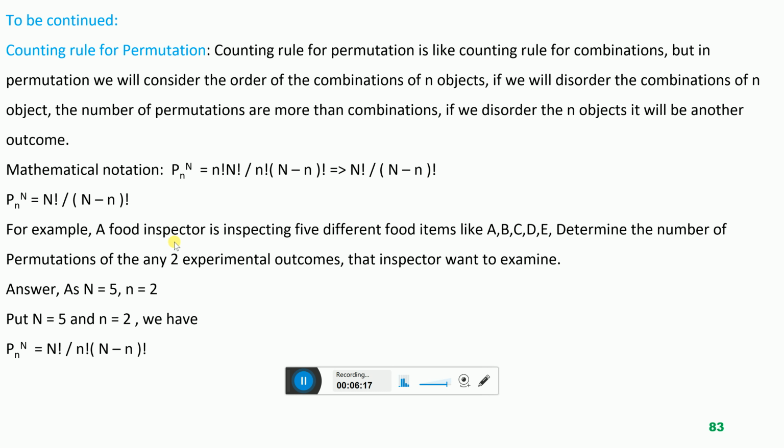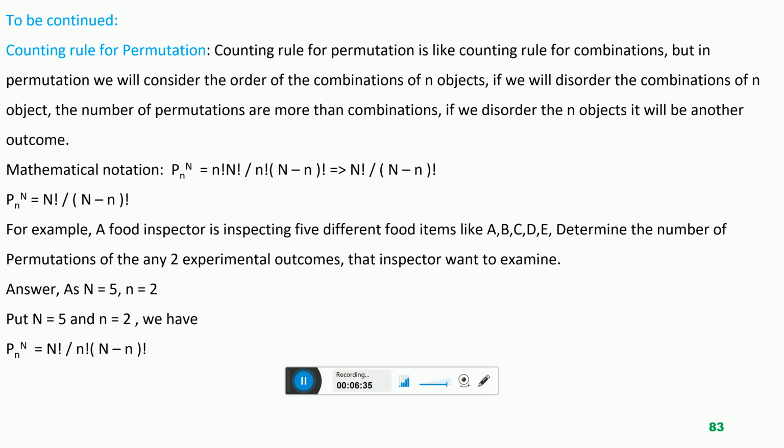For example, a food inspector is inspecting 5 different food items: A, B, C, D, E. The experiment is inspecting the food items, and this experiment carries 5 trials. Determine the number of permutations of any 2 experimental outcomes that the inspector wants to examine.